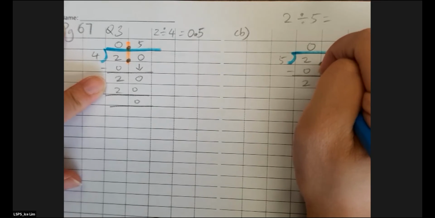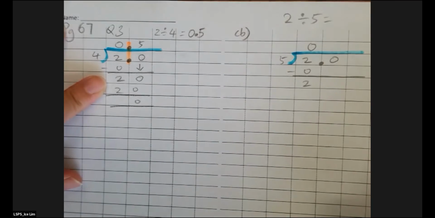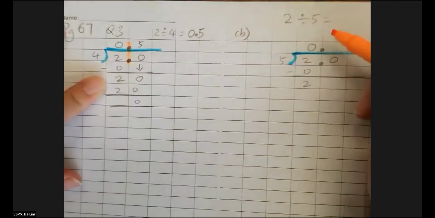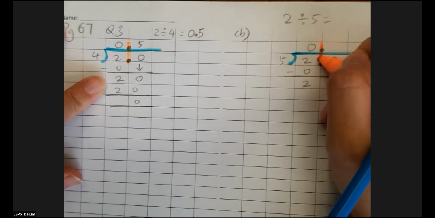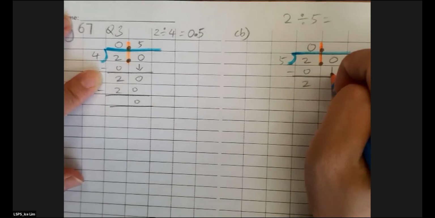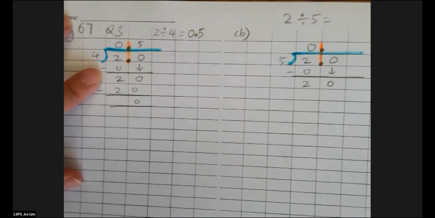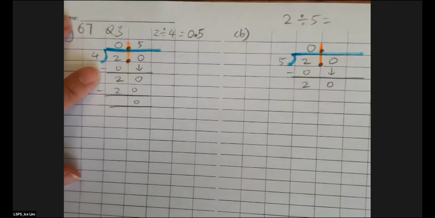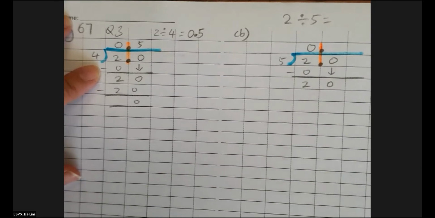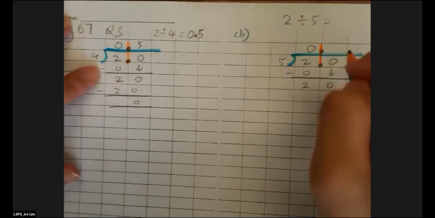So I go to the 10th place, add in the decimal point. The moment you put in the point, you must remember your answer must have the point as well. Okay. Now all workings must be shown clearly.